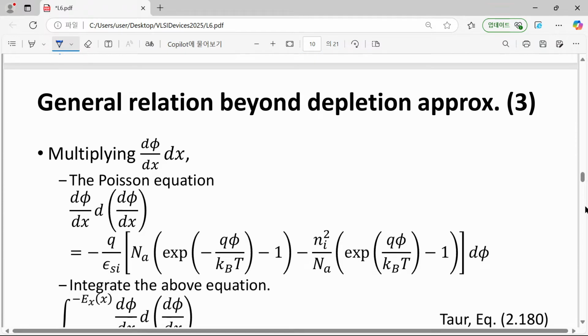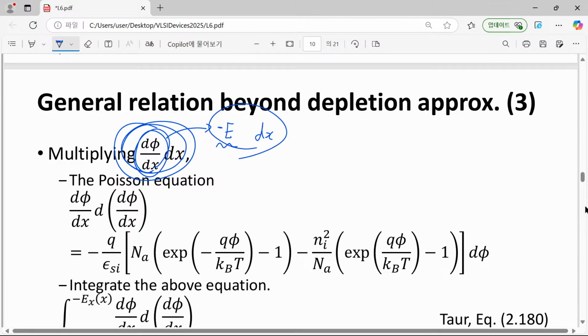This is the key idea. What is it? Previously we had the Poisson equation, and what we do right now is not just integrating the Poisson equation, but multiplying. What is this? This is just minus times electric field and dx.